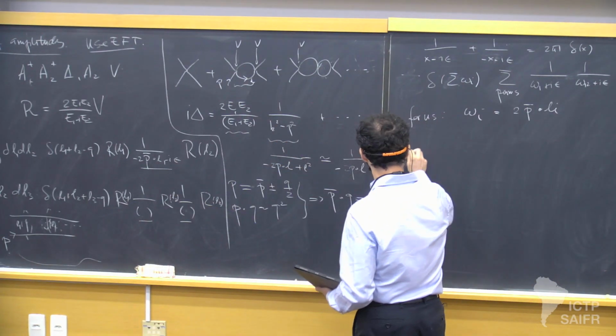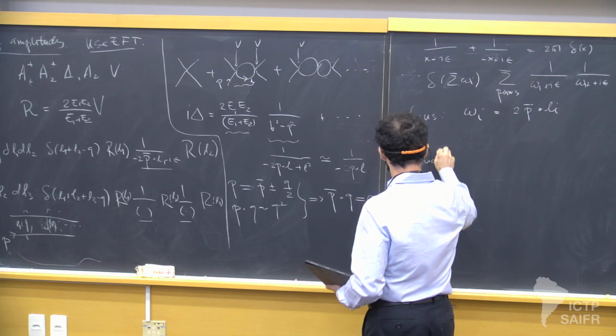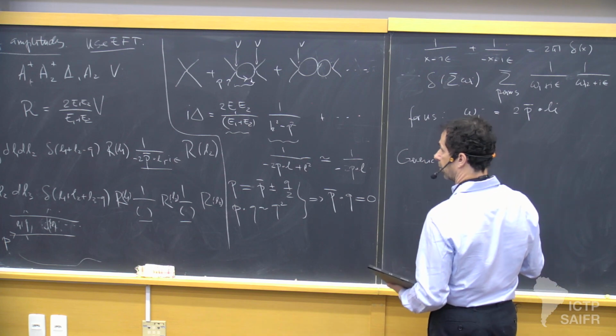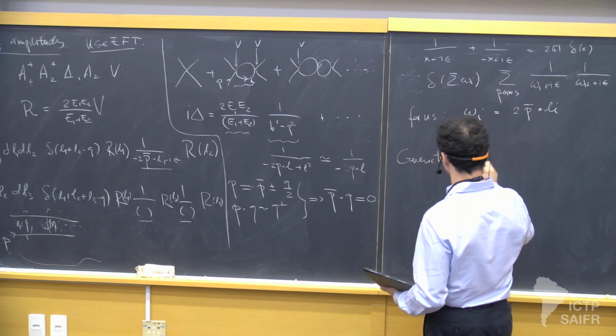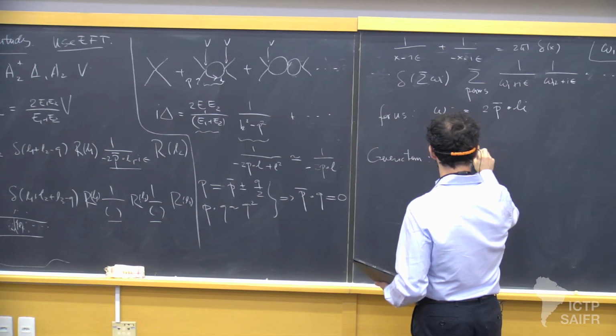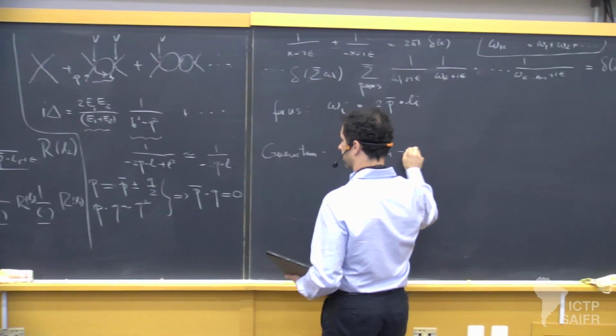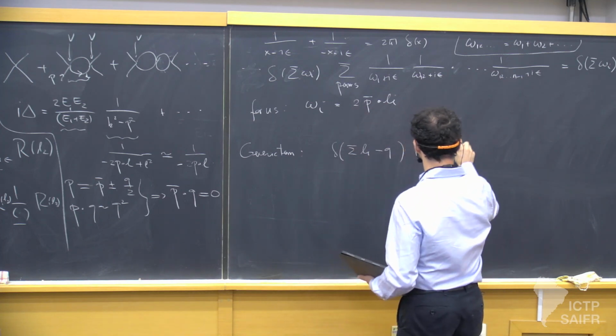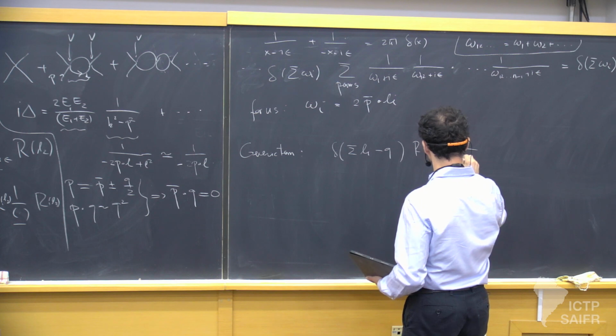So this generic term, what does it look like? It looks very much like delta of sum of all the Li's minus Q, and then it's R of L1, 1 over 2P dot L1.